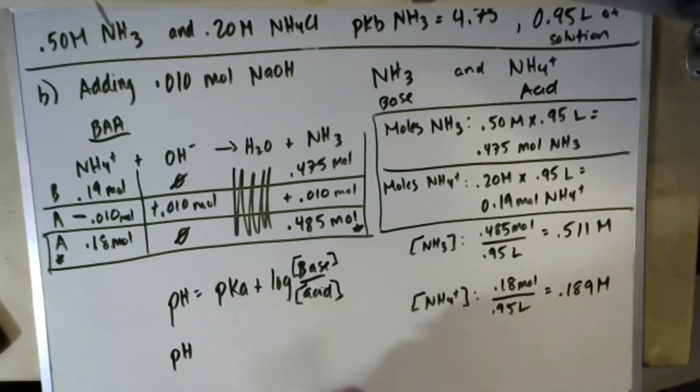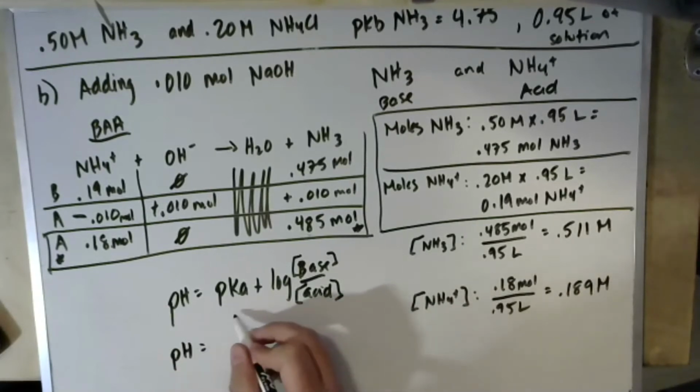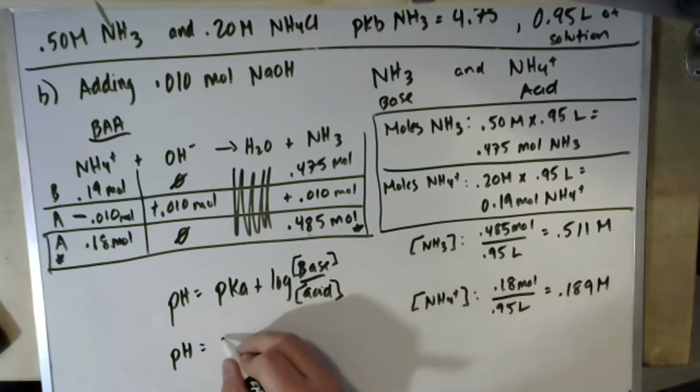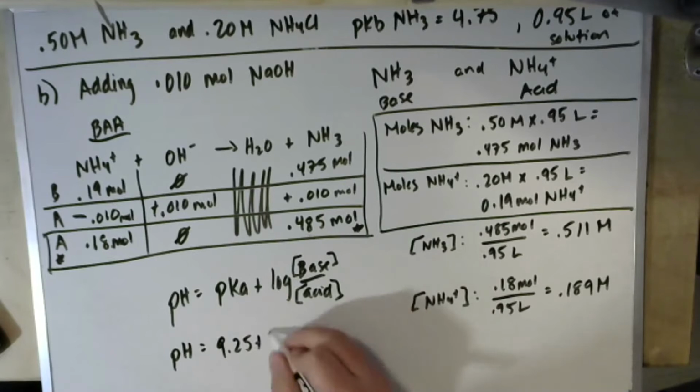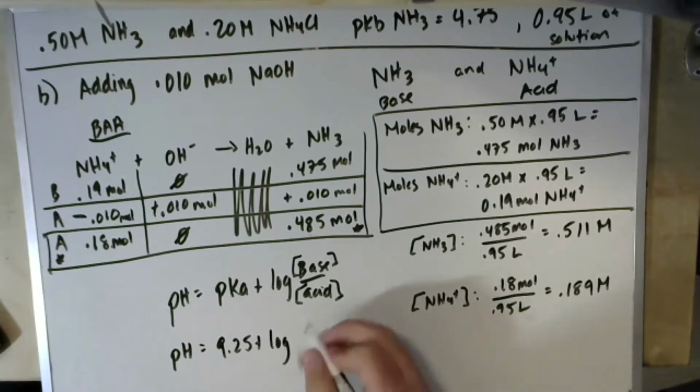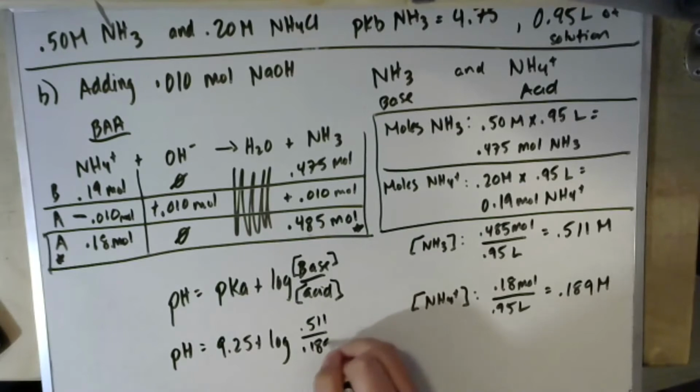Okay. We already found the pKa from before to be 9.25, so we can use that again, plus the log of 0.511 over 0.189.